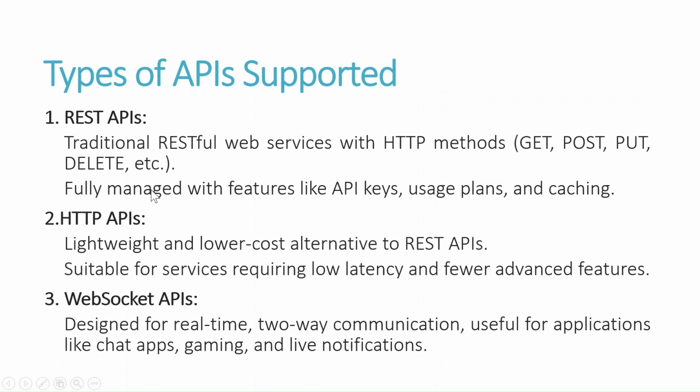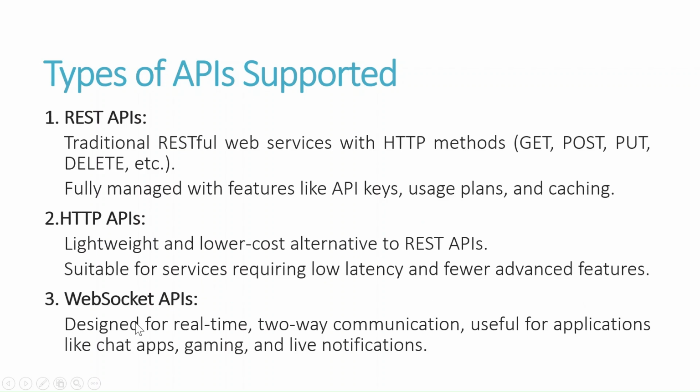So it's fully managed with features like API keys, usage plans, and caching. The second one is HTTP API. So it's a lightweight and lower cost alternative to REST APIs. So it is suitable for services requiring low latency and fewer advanced features.